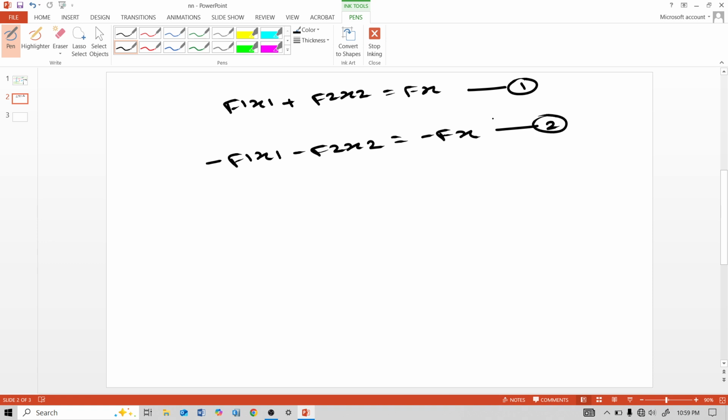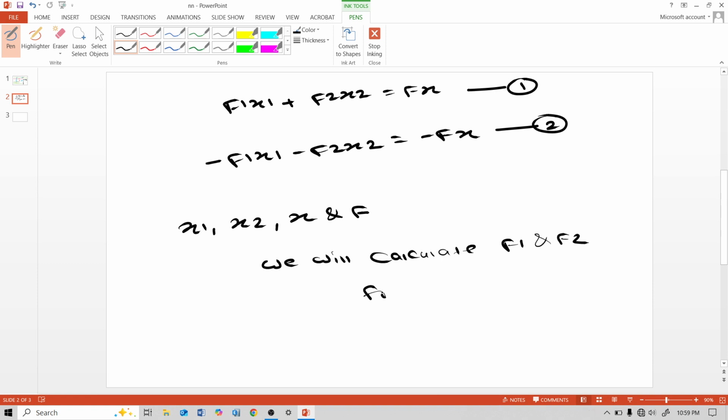In this equation, if we know the x1, x2 and x distances and the force F, then we can calculate F1 and F2 from equations 1 and 2.